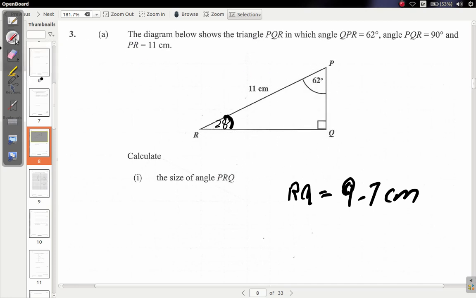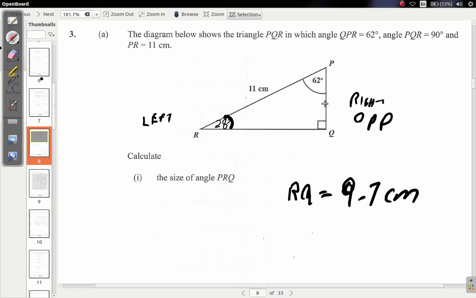Now, if you consider the 28 as the angle you're going to work with, the 28 is on the left-hand side of the triangle, and PQ on the right is the opposite.